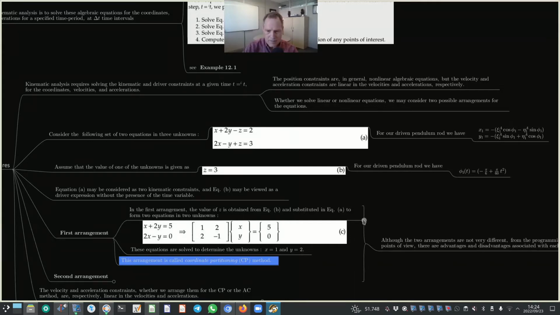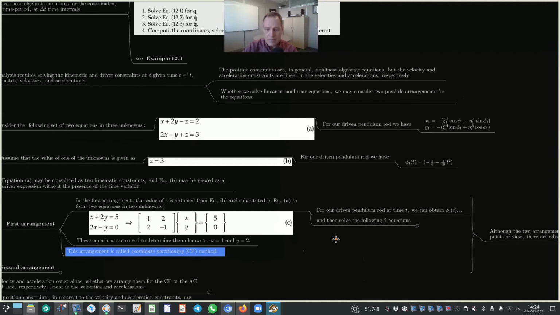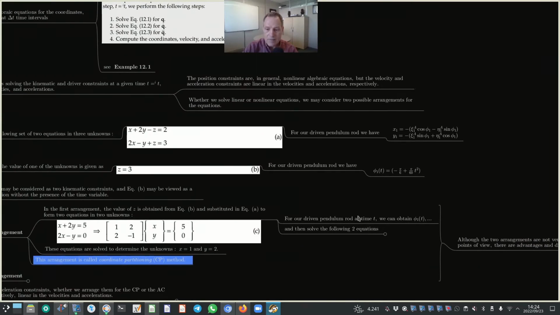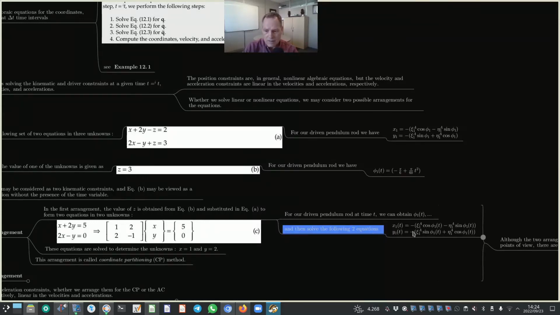Now, for our driven pendulum rod, at time t, we can obtain phi1, the orientation of the driven pendulum, as a function of time, and then solve the following two equations. I've just substituted phi1 as a function of time and x1 as a function of time.